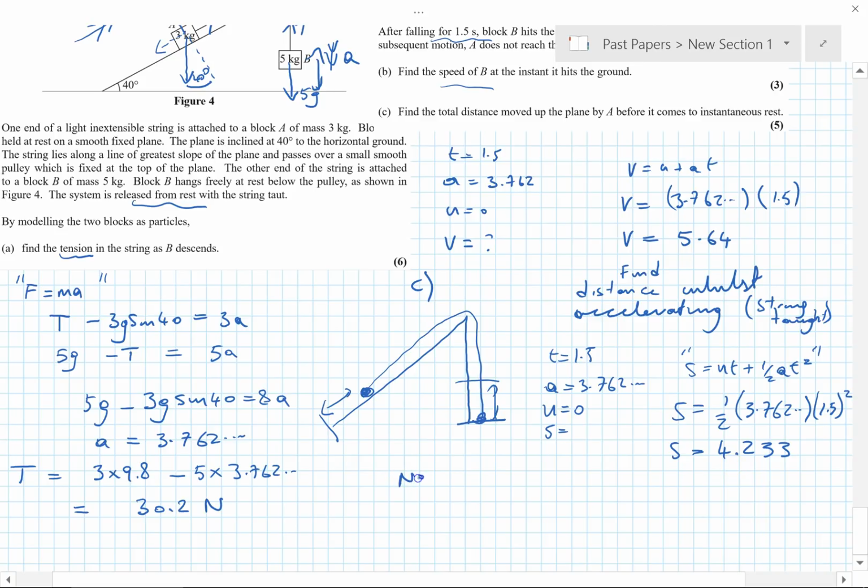We need to find the deceleration when B hits the floor, or after B hits the floor.